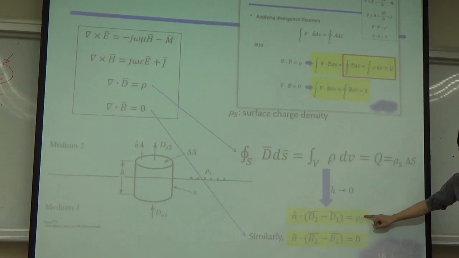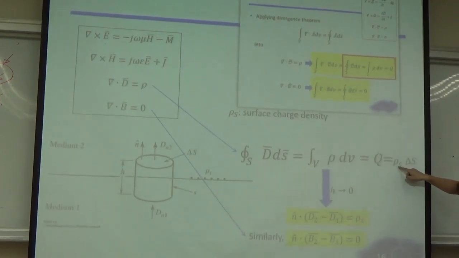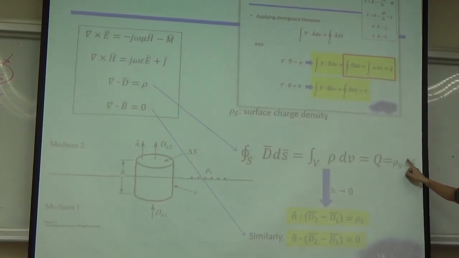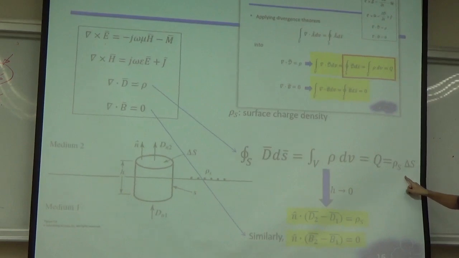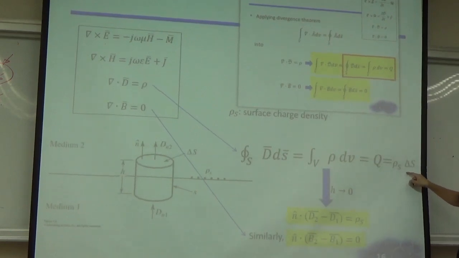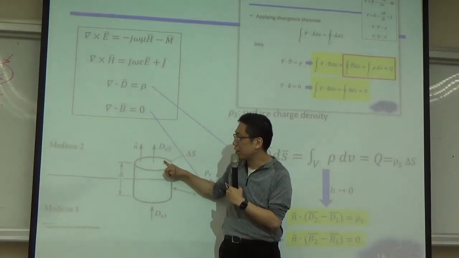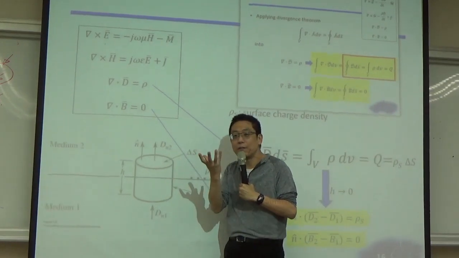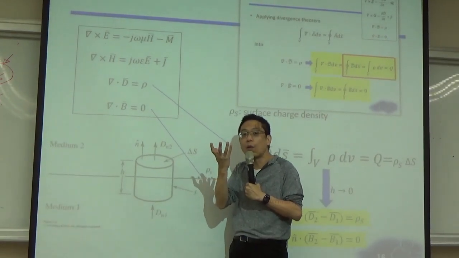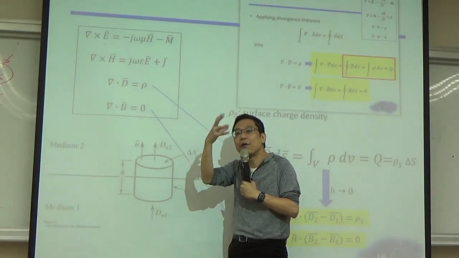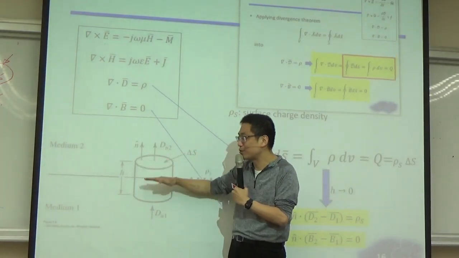So the equation is rho S equals Q divided by delta S. Then I will ask you, what is delta S? Delta S is the area of the top or bottom side of these two.